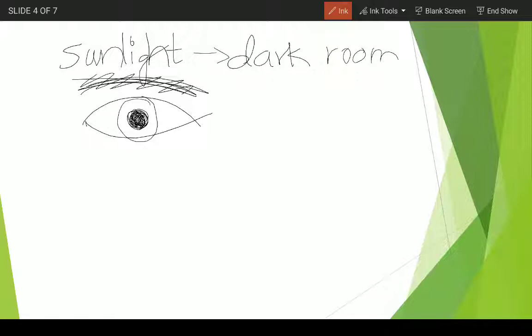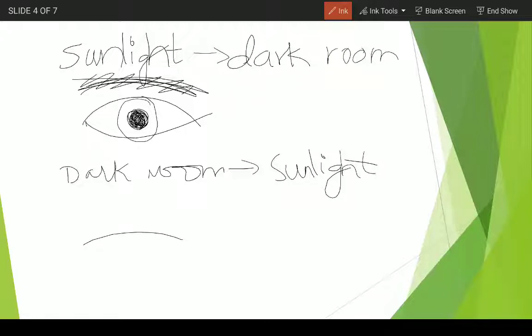And when we are moving from a dark place, or let us consider a dark room only, dark room to sunlight, what happens? The size of the pupil decreases, that is, it shrinks.